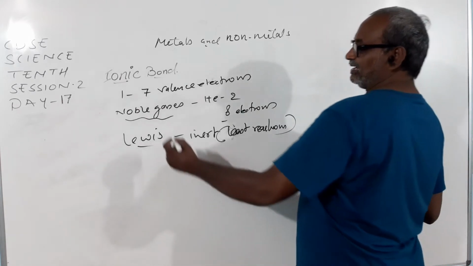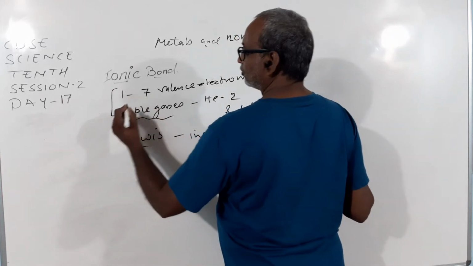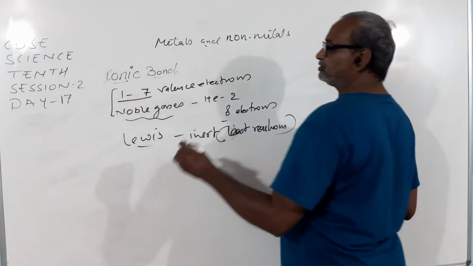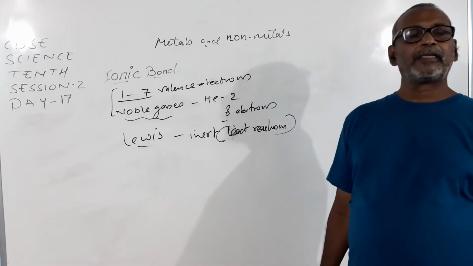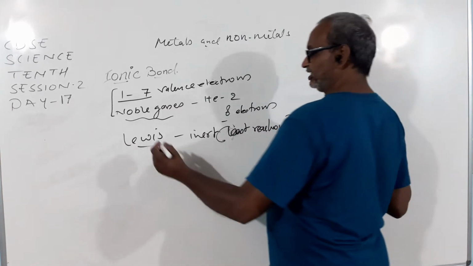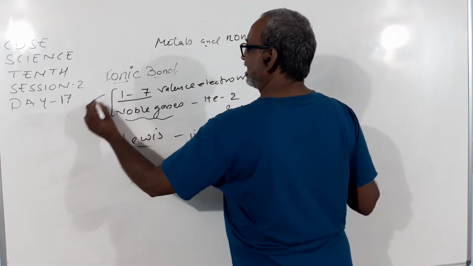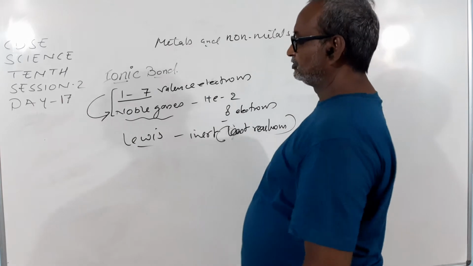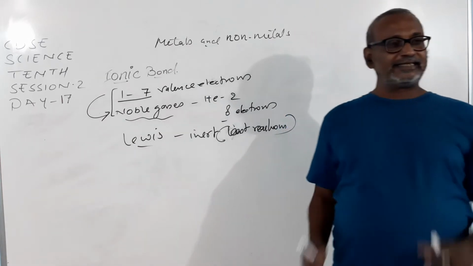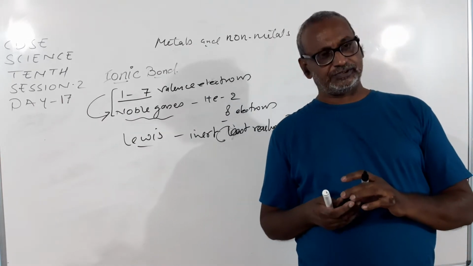Now, all other elements which have 1 to 7 valence electrons have a tendency to acquire the stable configuration of their nearest noble gas.